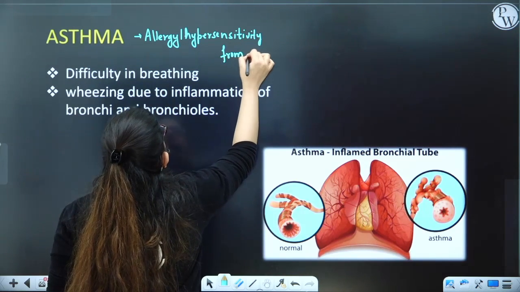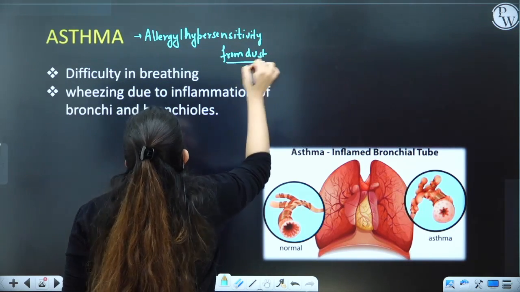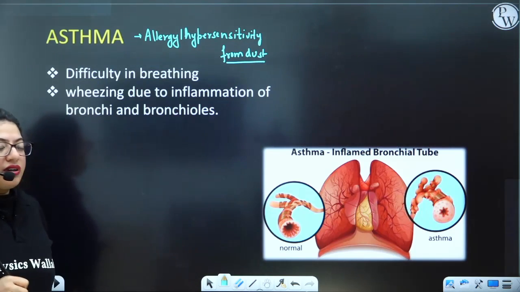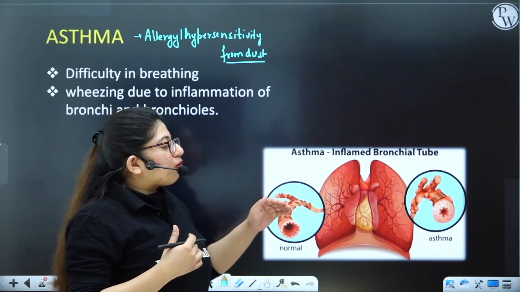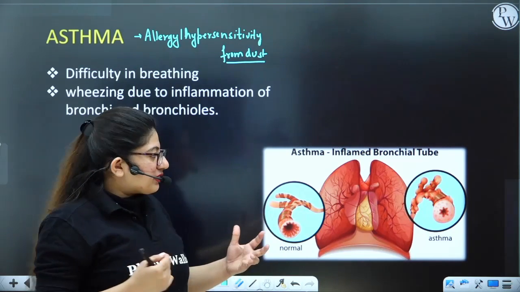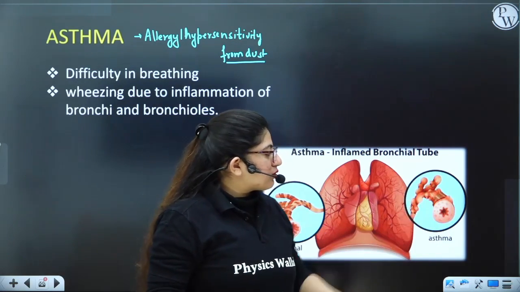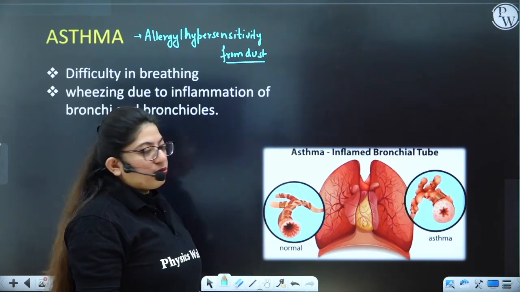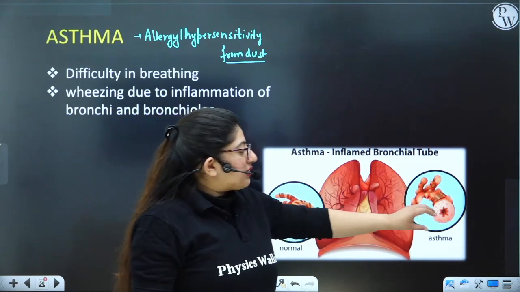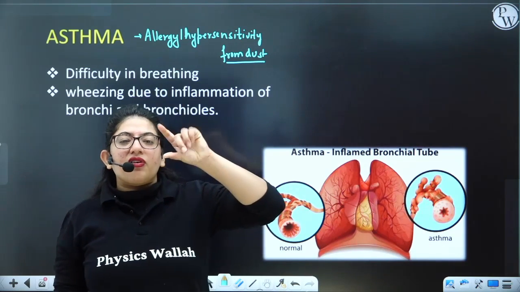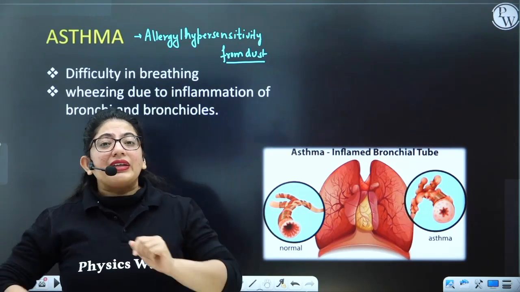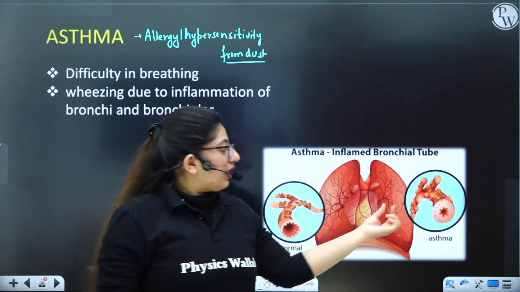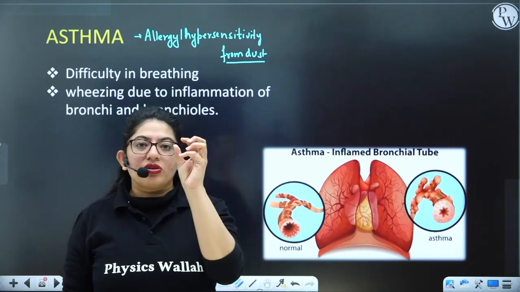Whenever a person inhales a lot of dust, the bronchi and bronchioles get inflamed. You can see here the bronchi and bronchioles of an asthmatic patient and here of a normal person. Whenever it gets inflamed, the smooth muscles in the bronchiole wall contract and the lumen gets constricted.